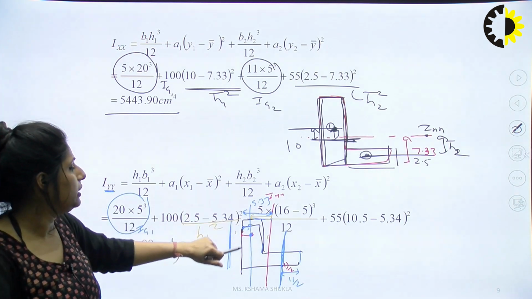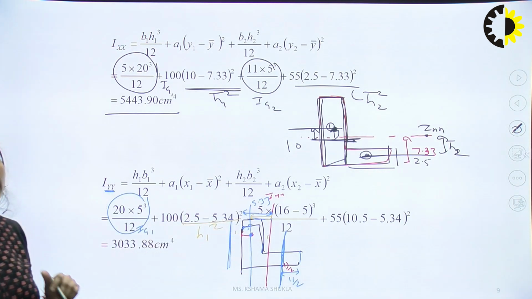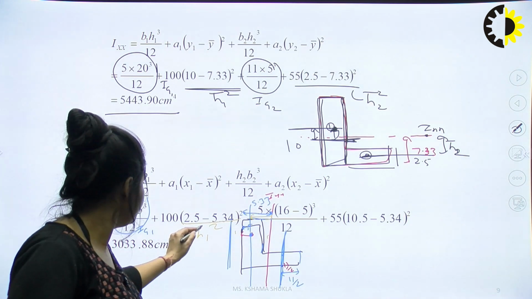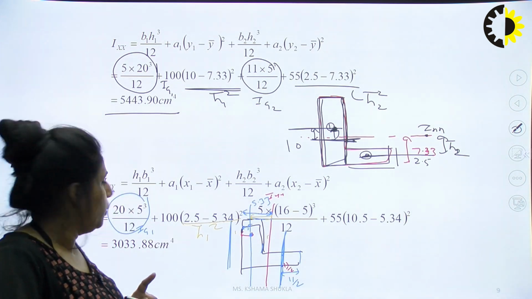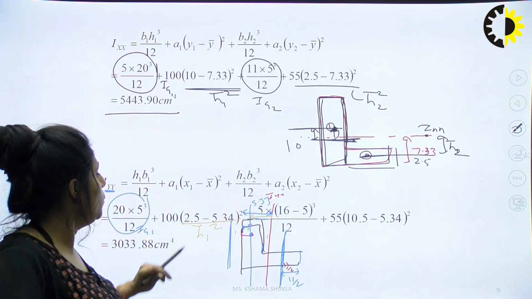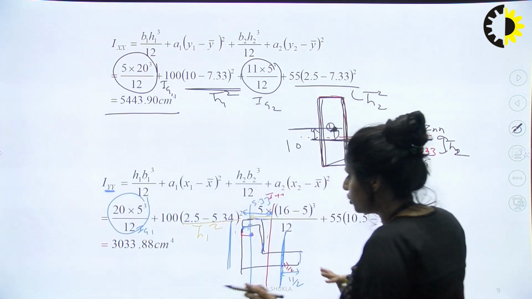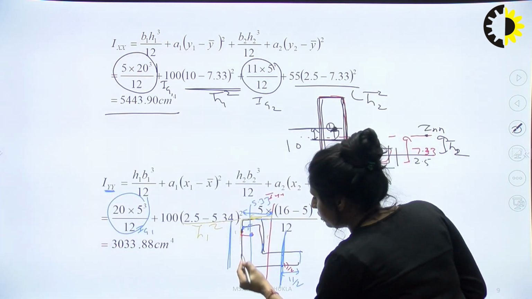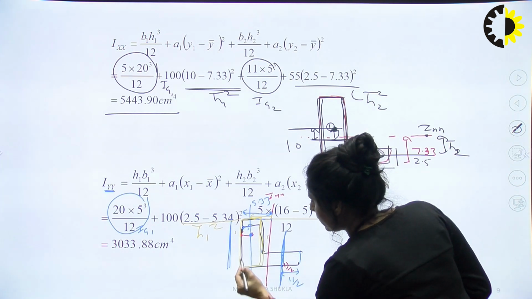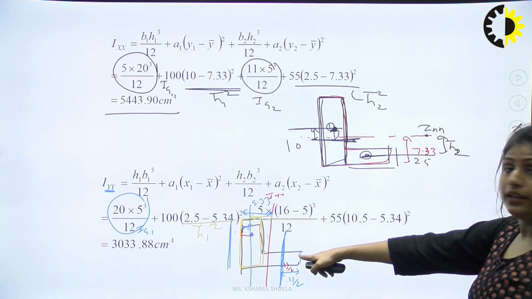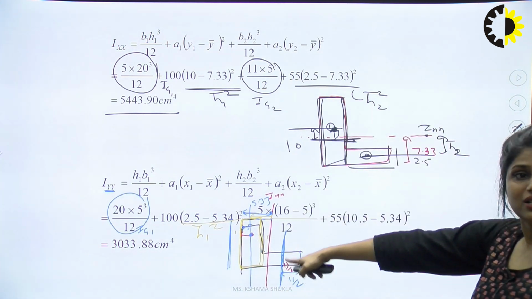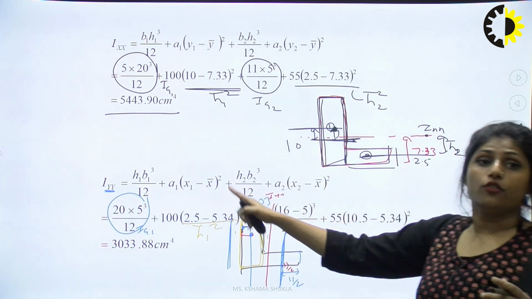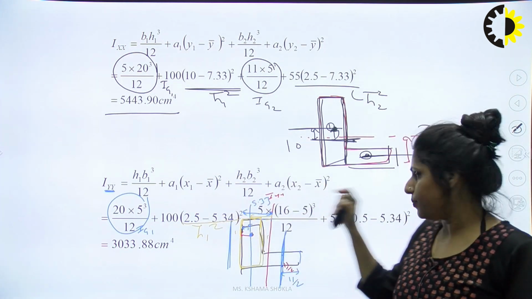So 5.33 minus 2.5 is the value of H1 bar square. Now this is the solution for this section only. I need to find the value of the other section also, then merge it and we can find the moment of inertia of the composite section.